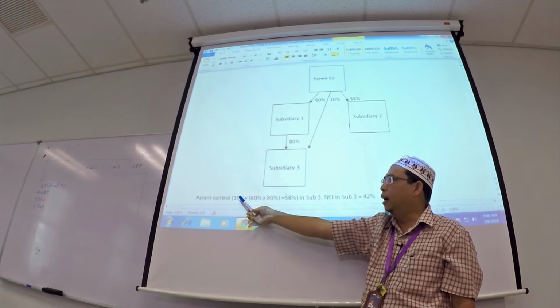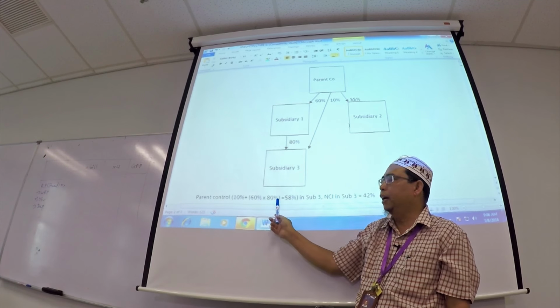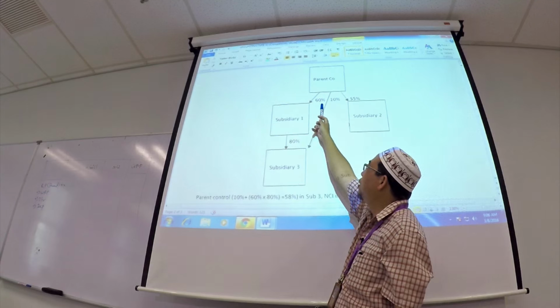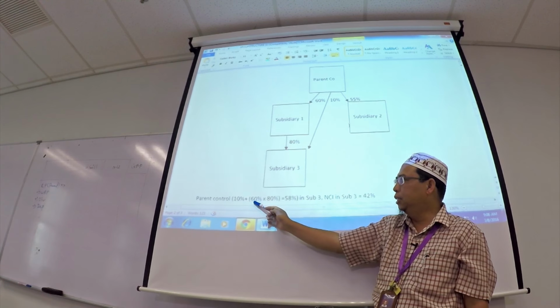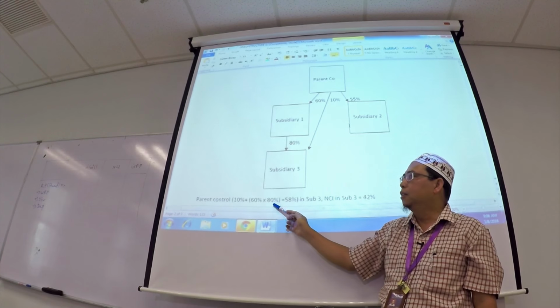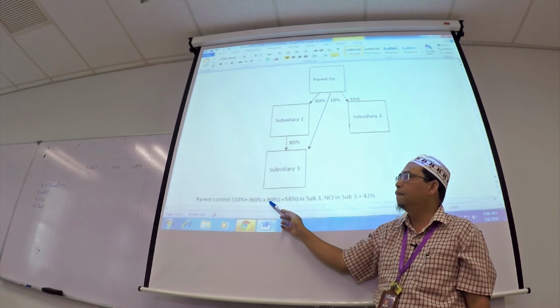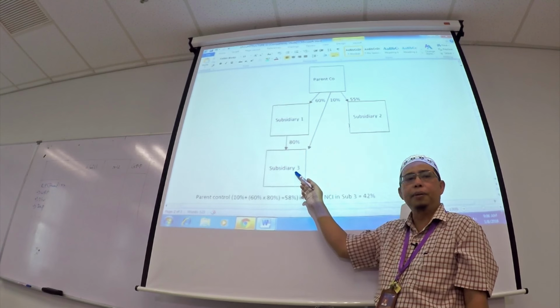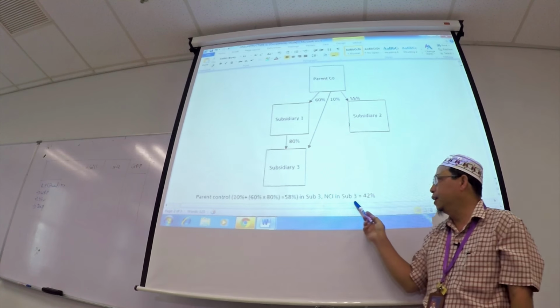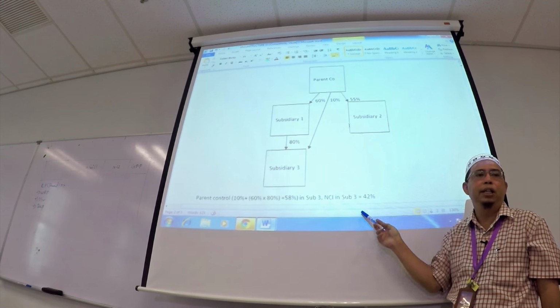The direct control plus the indirect control. The indirect control is 60% times 80%, which is 48. 48 plus 10, 58. So parent control of subsidiary 3 is 58%, and NCI automatically becomes 42%.